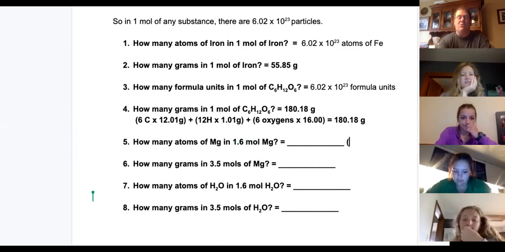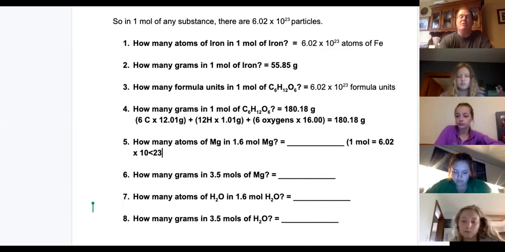So we already know, or should know, that in 1 mole, there would be 6.02 times 10 to the 23rd. How many would be in 1.6? It's just a conversion, right? It's just take 1.6 and multiply it by Avogadro's number.